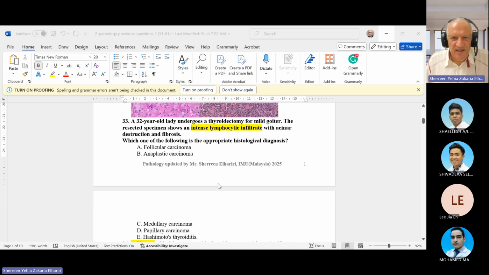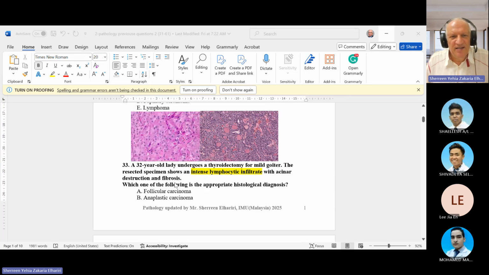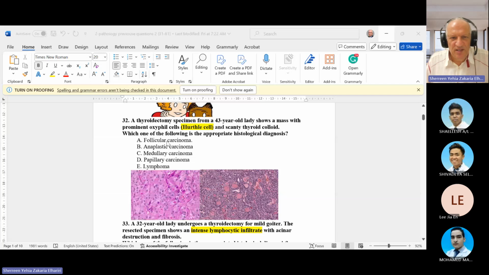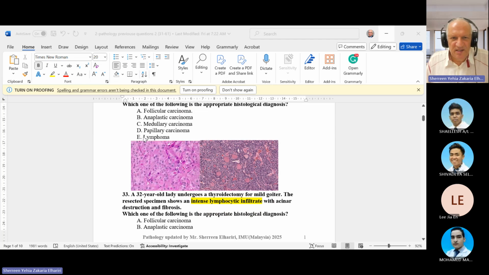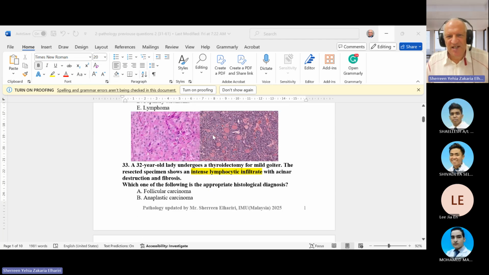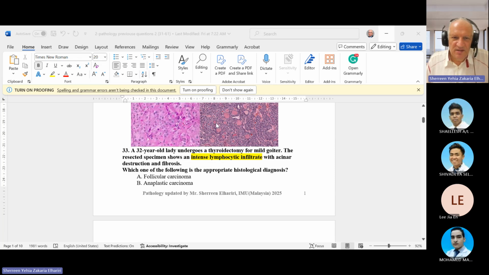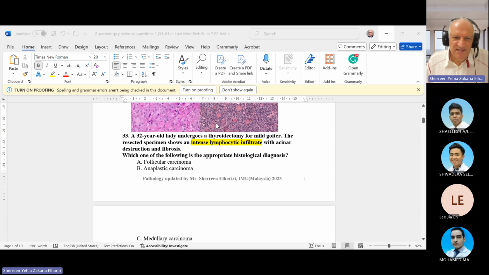So this patient has lymphocytic infiltration. The thyroid tumors are either follicular, anaplastic, medullary, or papillary. These are the 4 types of thyroid carcinoma. We don't consider lymphoma as a thyroid cancer because it does not occur in the normal thyroid; it occurs in a thyroid that has some disease.